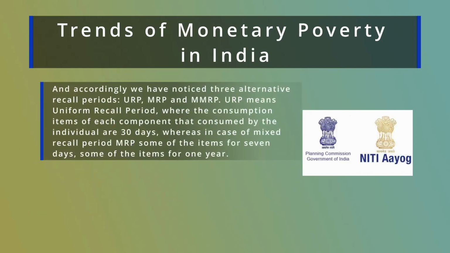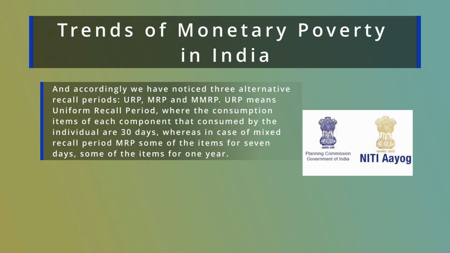Accordingly, we have noticed three alternative recall periods: URP, MRP and MMRP. URP means Uniform Recall Period, where the consumption of each item by the individual is recalled for 30 days.